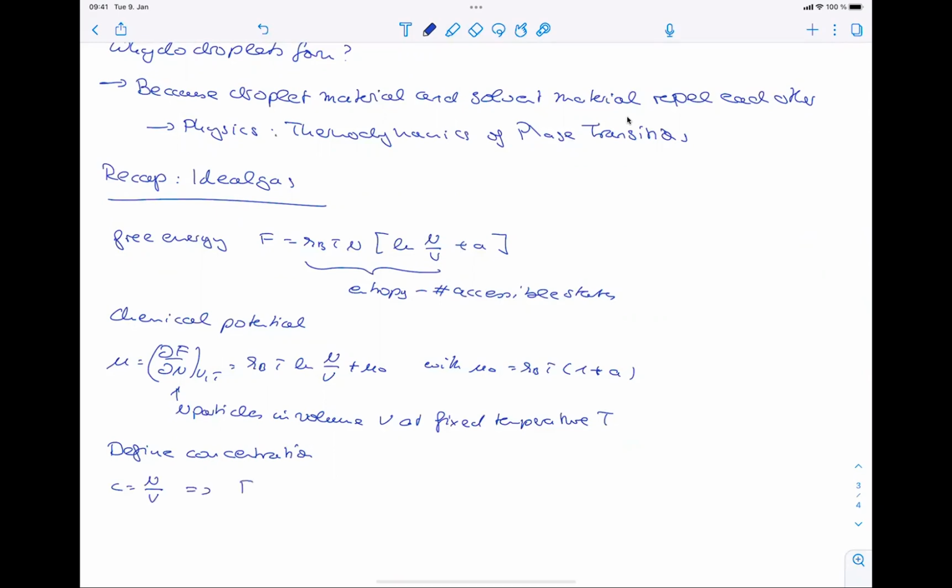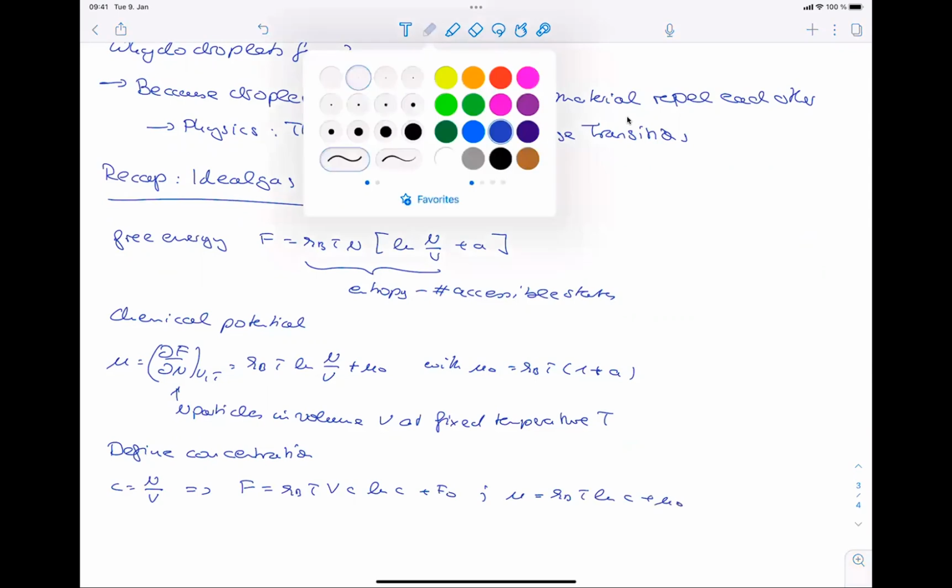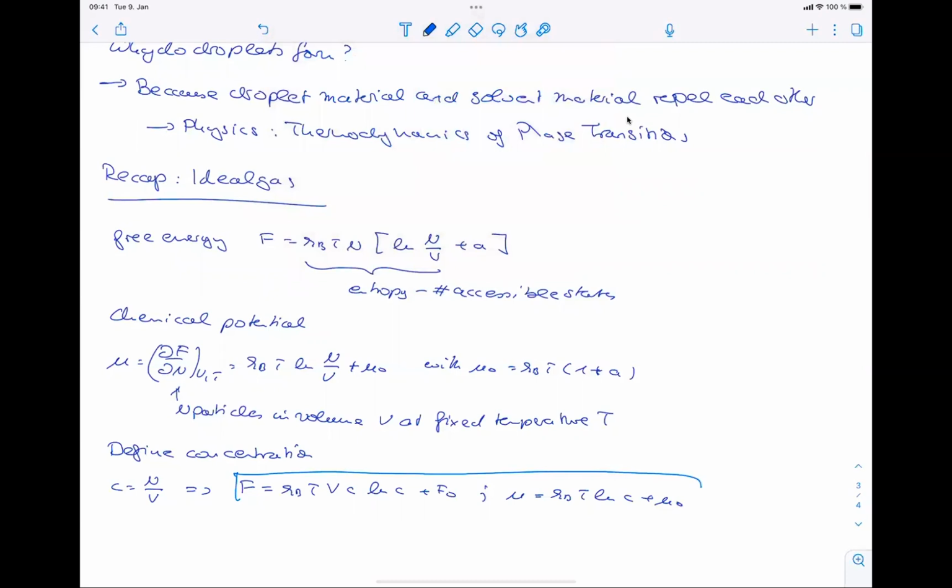And this allows us to write the free energy as kBT V times C, then ln C plus F naught. And similarly, then the chemical potential becomes kBT ln C plus mu naught. And this is what we're going to use shortly.